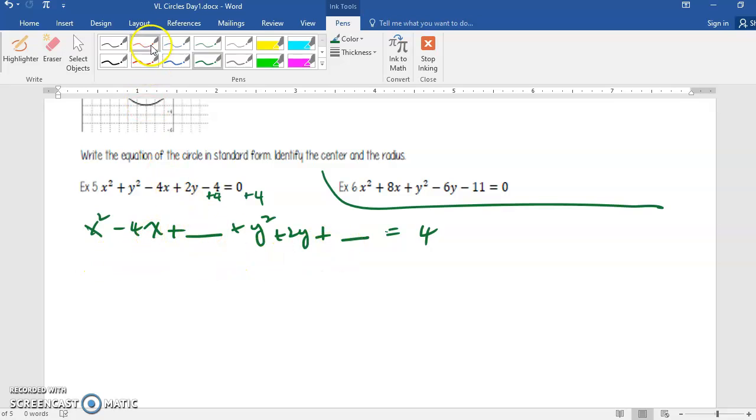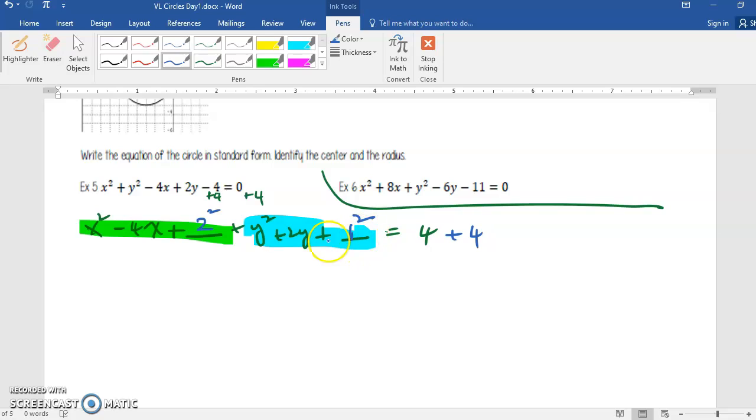Now in this one, just this chunk, and this is a separate chunk. In this chunk, half of 4 is 2. So 2 squared is what we are adding here. So we added 4, so add 4 on the other side too. And coming to this particular chunk, which is y squared plus 2y, half of 2 is 1.